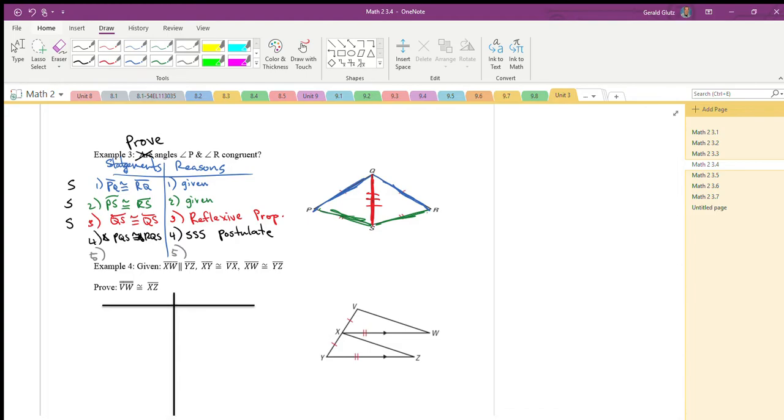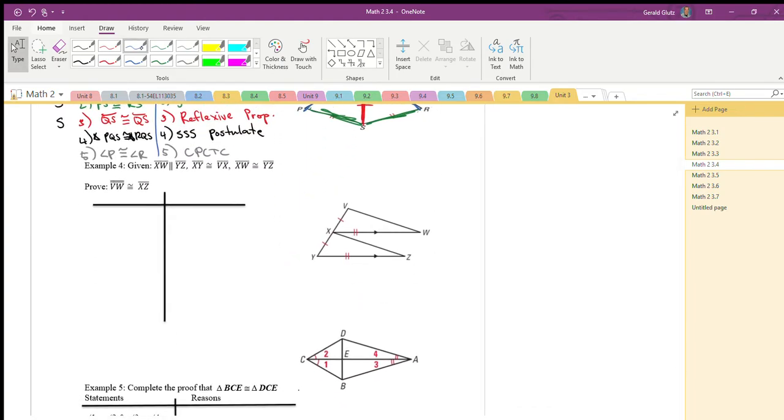So since the two triangles are congruent, angle P and angle R, since they're corresponding, they have to be congruent. So angle P is congruent to angle R because of CPCTC. So again, we can only use CPCTC after we've proven that two triangles are congruent.